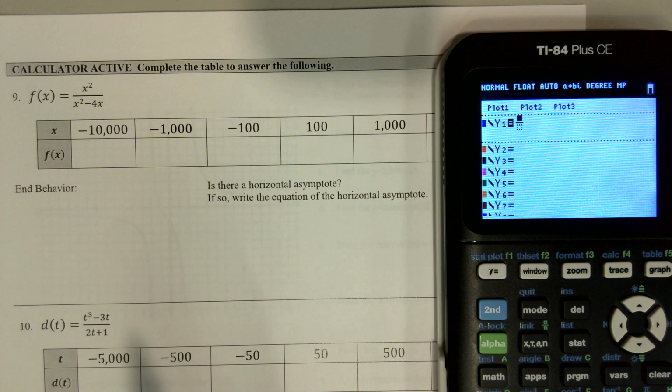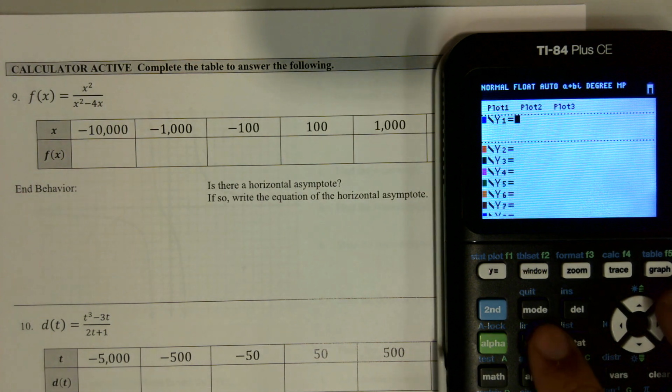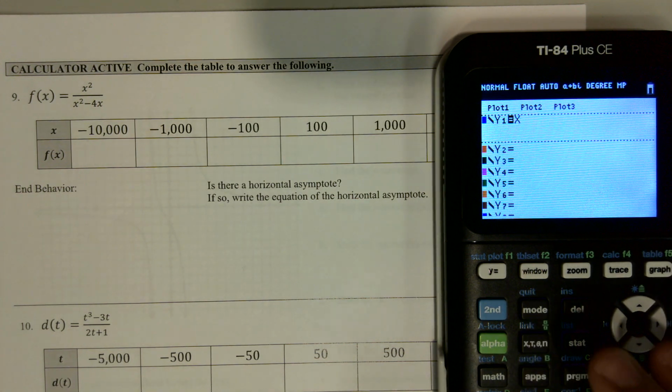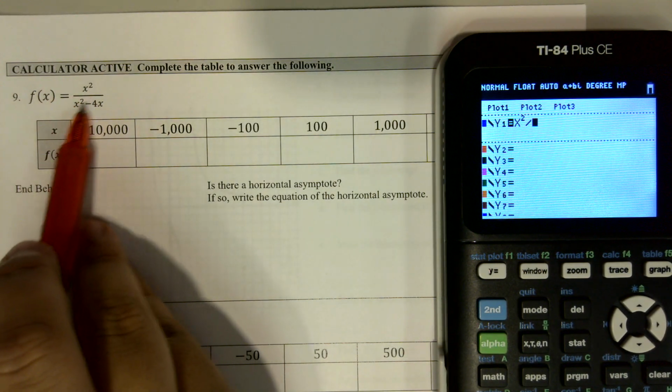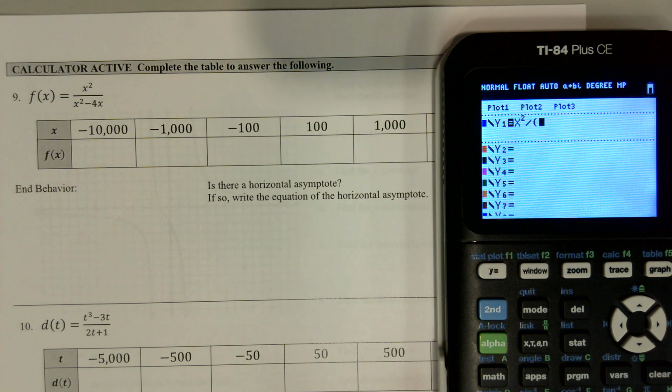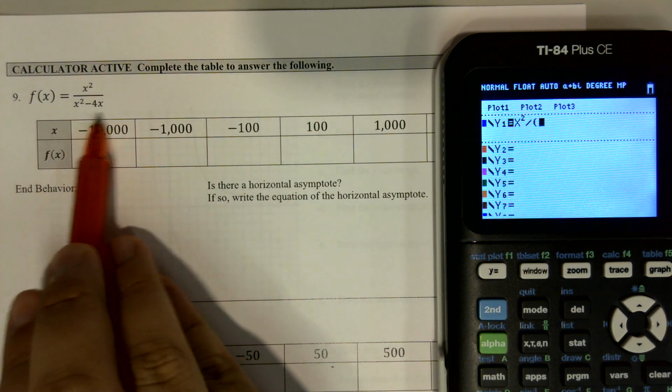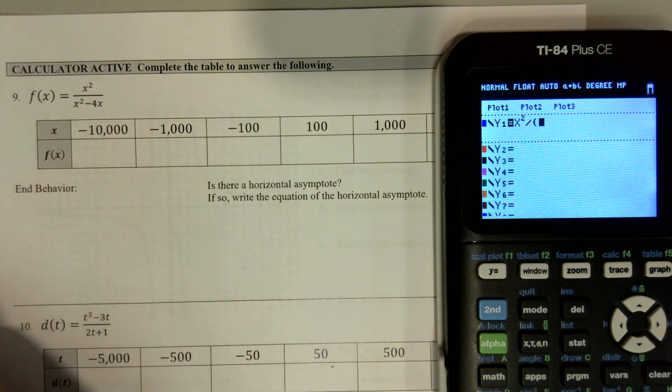However, not everyone's calculator does that, so what you can do instead is just be careful about typing stuff in. If you do x squared divided by, make sure you put everything in the denominator in parentheses.